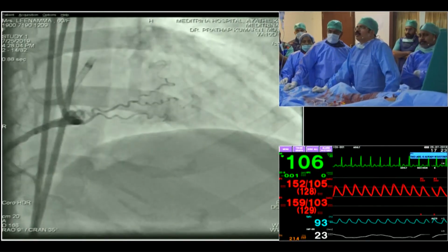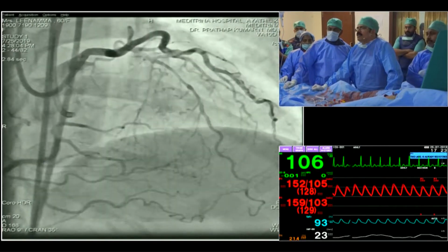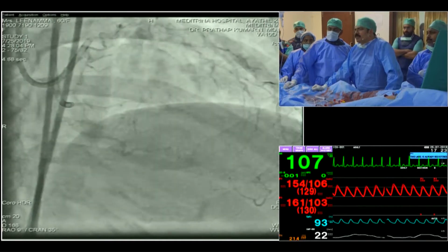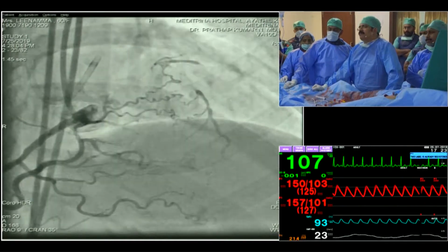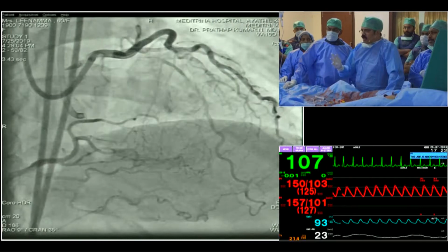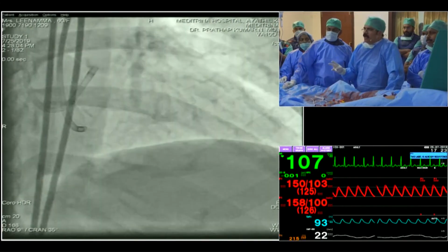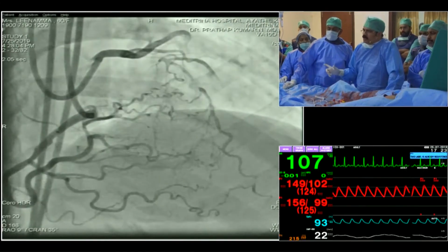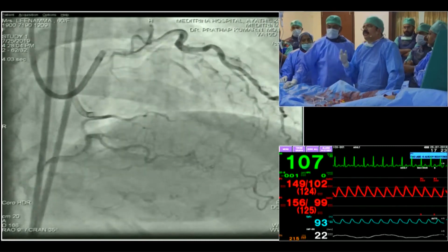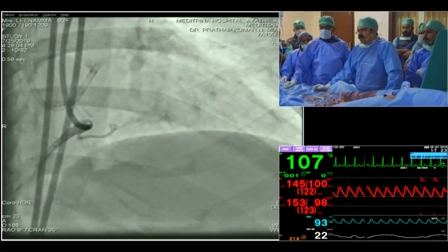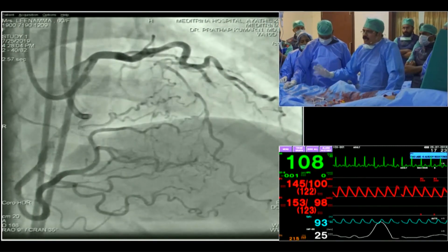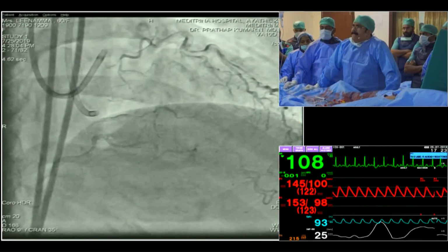That means ostioproximal LAD, ostioproximal circumflex CTO, ostioproximal RCA CTO, I prefer retrograde. So retrograde is preferred in a failed antegrade, a long calcified tortuous CTO, or ostioproximal CTOs in the circumflex, LAD or RCA.